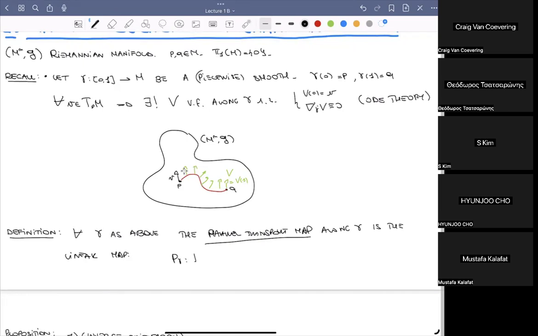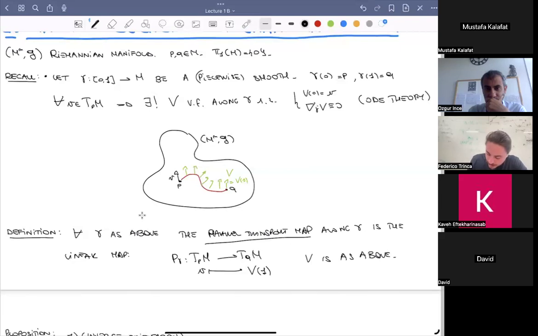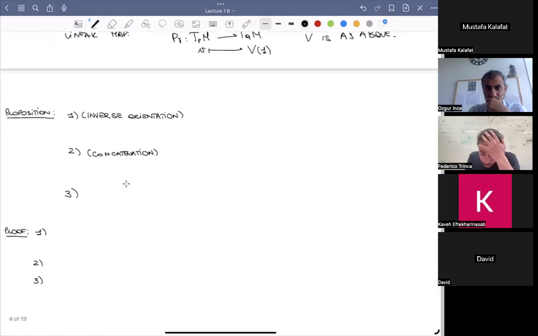P_gamma is a map from T_pM into T_qM that, to a vector v, associates V(1), where V is the vector field that I constructed above. You can immediately check that existence and uniqueness of such a vector field gives you a linear map, so we have defined something which makes sense.